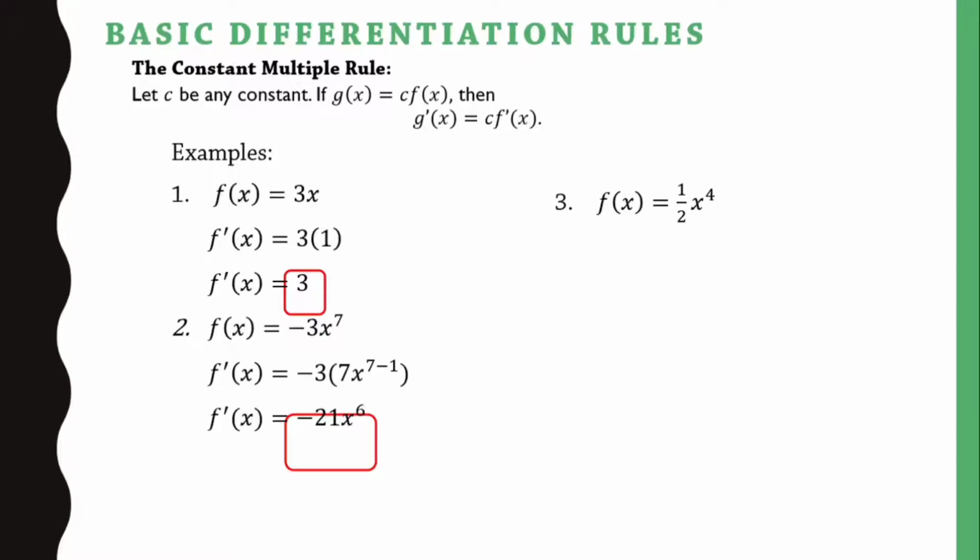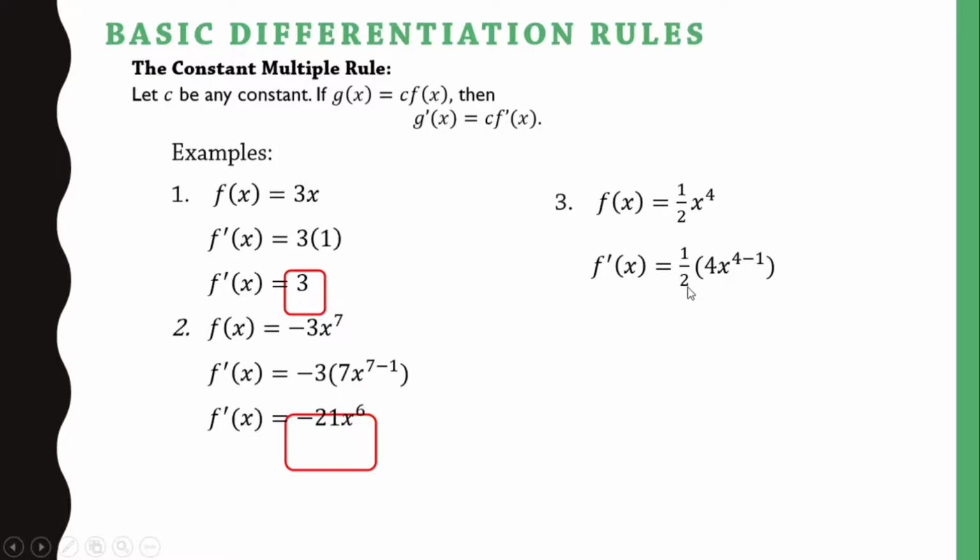Third example, we have f of x equals 1/2 x raised to 4. Again, using the constant multiple rule, we take out 1/2 and get the derivative of x raised to 4. The derivative of x raised to 4 using the power rule is we take out 4, make it our numerical coefficient, then subtract 1 from our exponent.